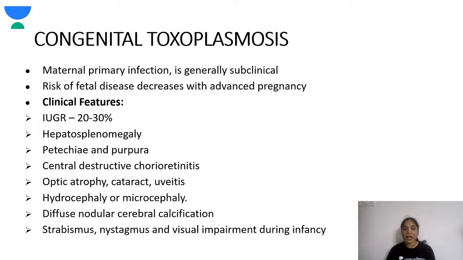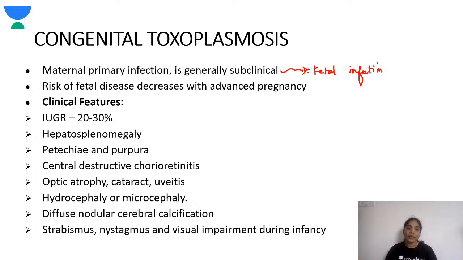Next, coming to congenital toxoplasmosis. The maternal primary infection is generally subclinical, but this can still lead to fetal infection. The mother can still transmit it to the child.